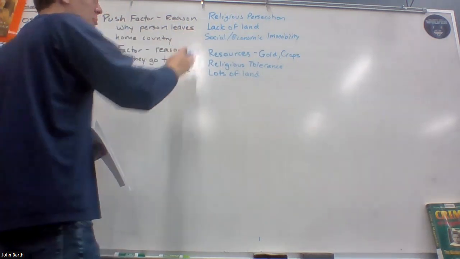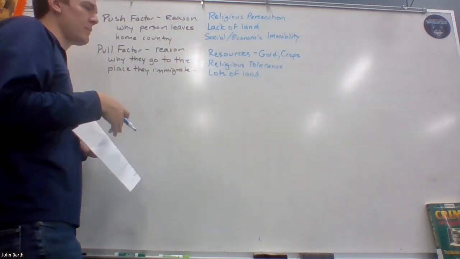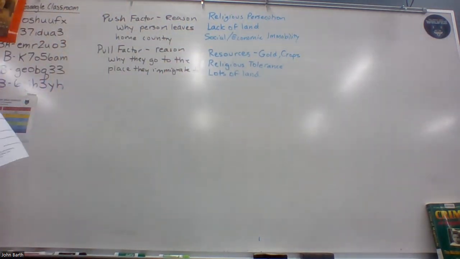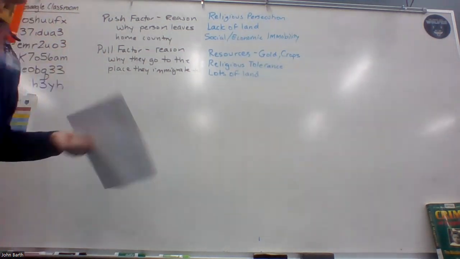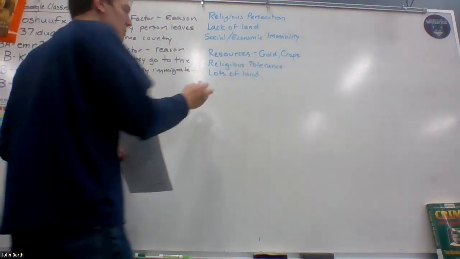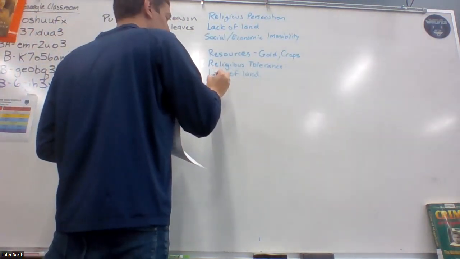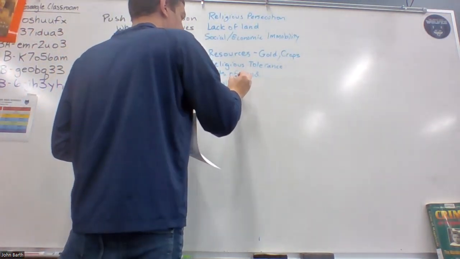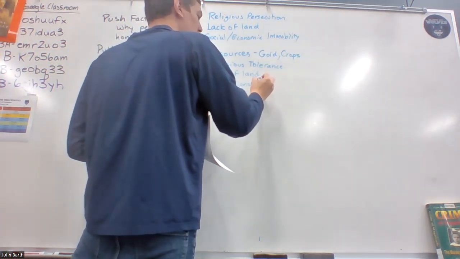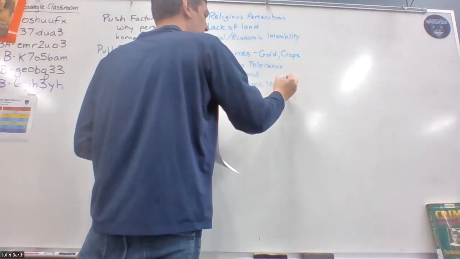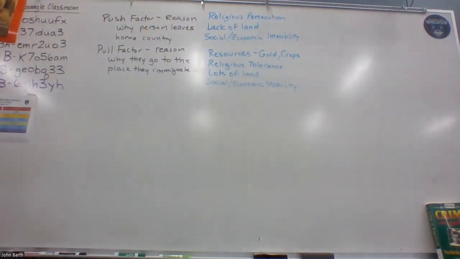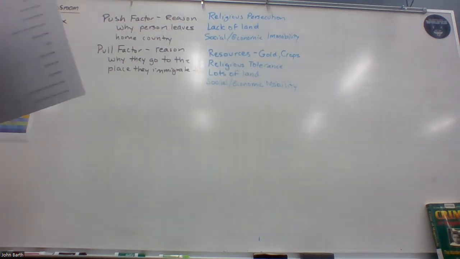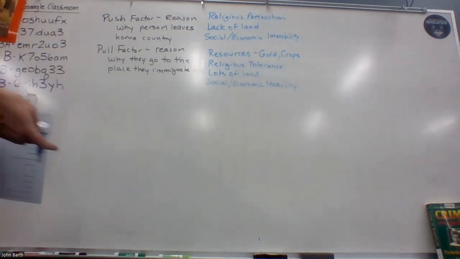Social economic immobility. There's at least an understanding that there should be mobility. There's a hope for economic mobility. So if you're born poor in England, you can come over to be an indentured servant and you can gain wealth and gain land.